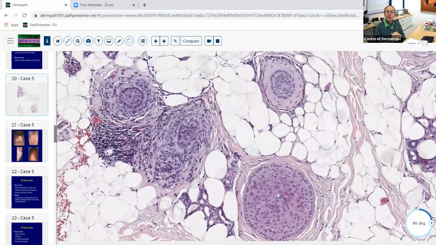So this is a little challenging because it's not as classic as the beautiful example that you'll get on the board examination, but you can still make the diagnosis on the basis of synchronization, multiple follicles in catagen at the same time. And then in the vertical section over here, you can actually see examples of these follicles with that peribulbar inflammation. Not around every one of them.